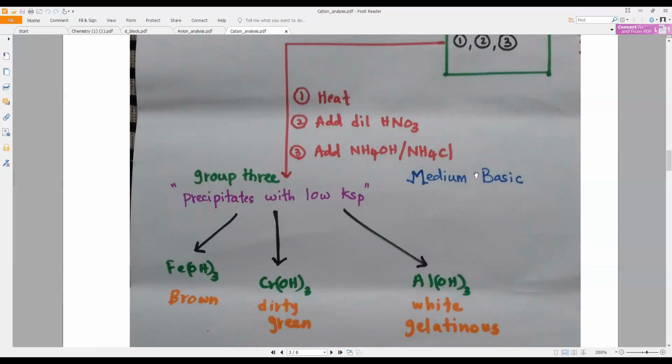But if you have ammonium chloride, which makes sense because it will suppress the ammonium hydroxide, the OH- concentration will be reduced according to this equilibrium, right? Here you can see the OH- concentration is reduced because of NH4+. So if you have ammonium chloride in the mixture, the precipitation of magnesium hydroxide is prevented.